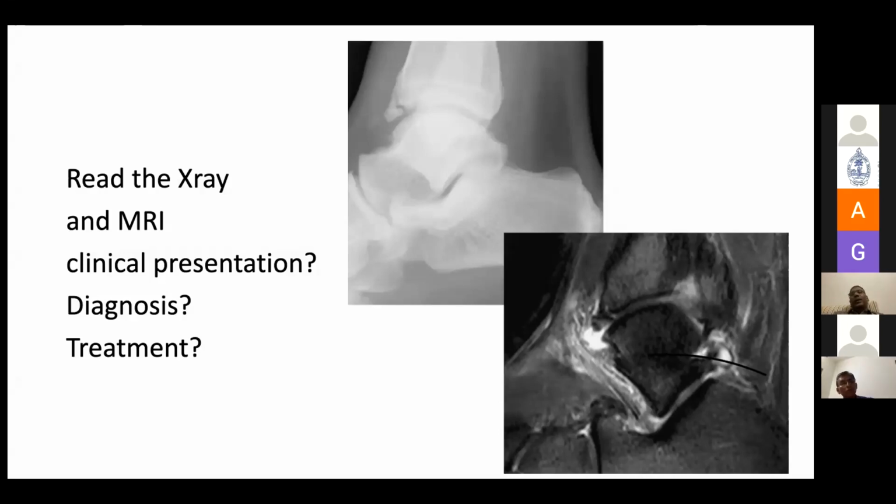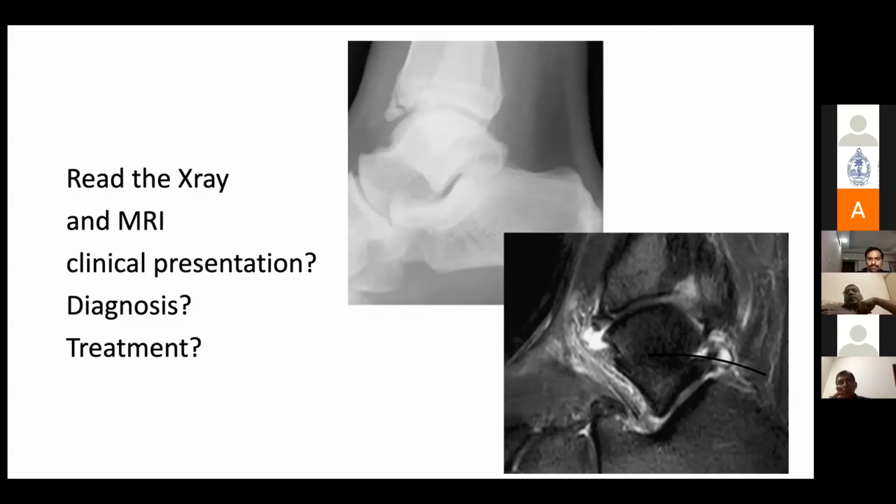So there is a history of trauma some years back. Yes, Dr. Ragesh. This is a plain X-ray, ankle view, showing the ankle joint and subtalar joint, distal tibia, talus, and calcaneum. There is decreased density on the head of talus.